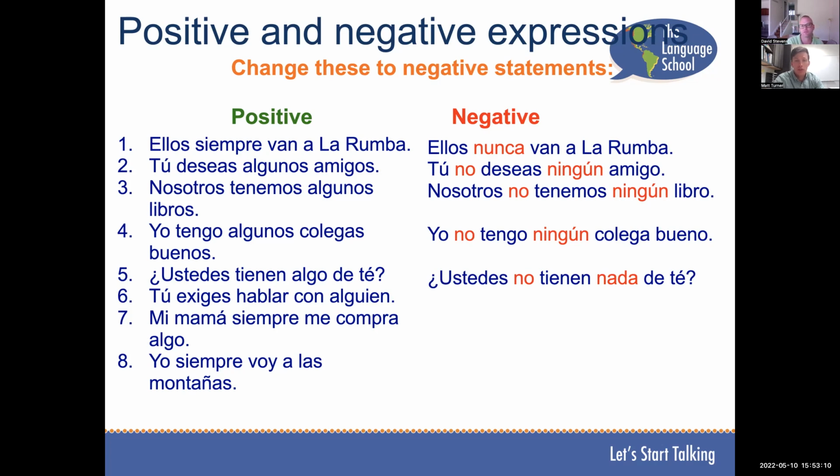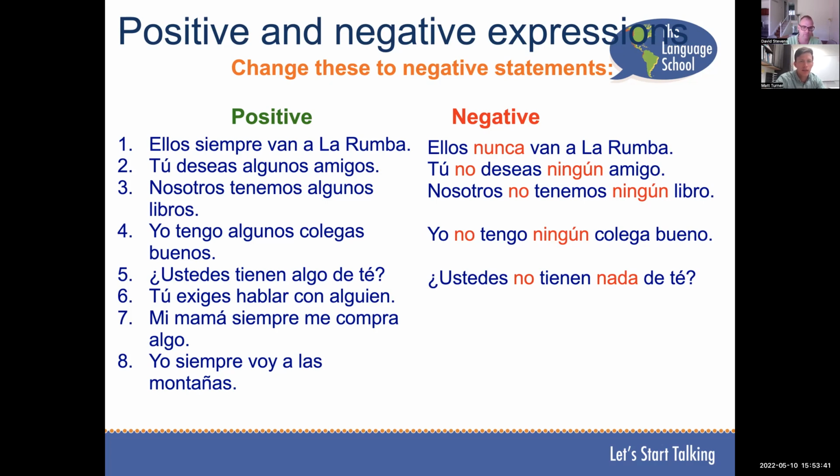So they're specifically referring to having tea? Yeah, the question is, do you have any tea? And the negative answer would be, you don't have no tea? So why is it de té instead of just té? Because it's Spanish. Remember, not everything translates 100%. In this situation, it has to be there. De té. Okay.